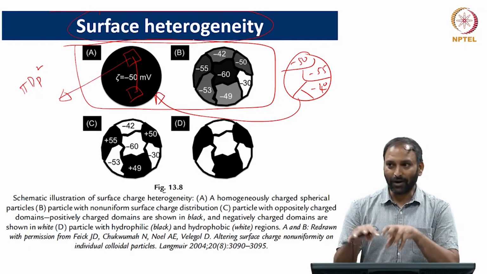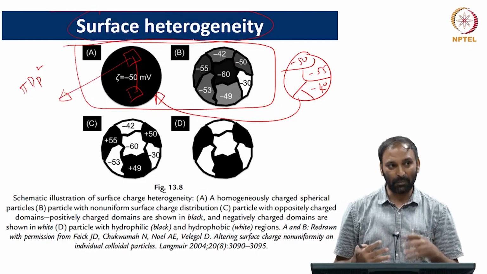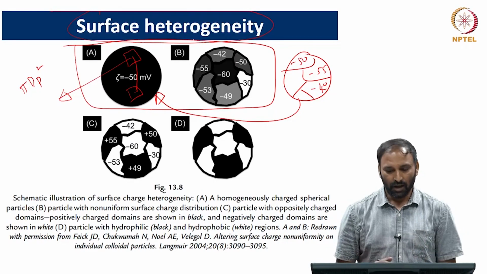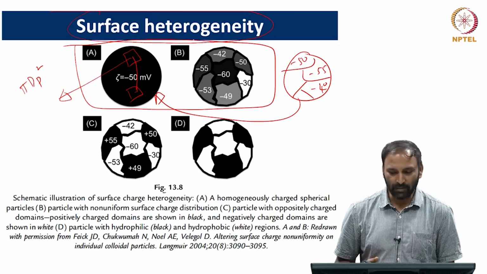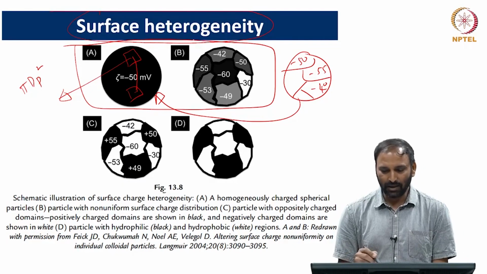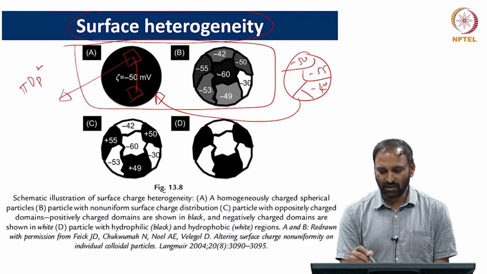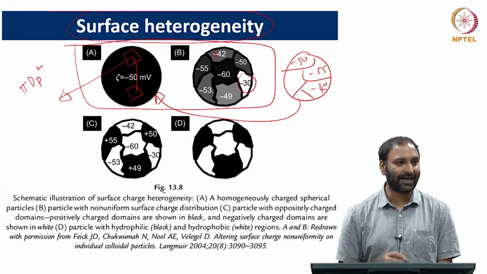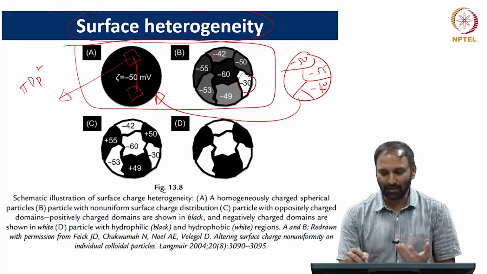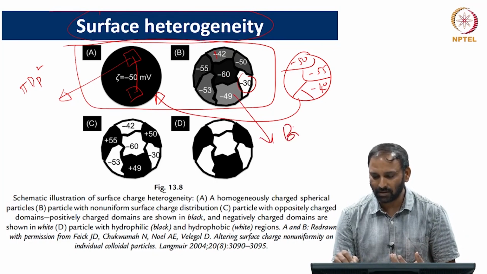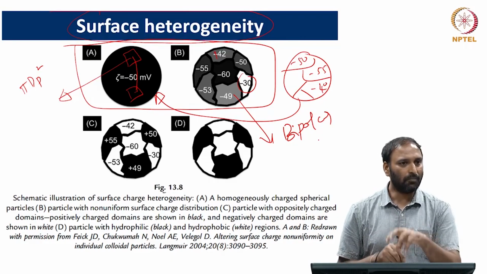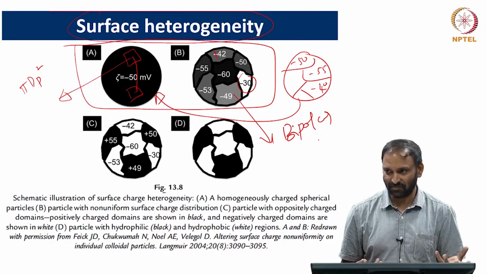That means there are pockets on the particle surface where the zeta potential is not the same. Or you could have designed experiments where some regions of the particle are positively charged, with positive zeta potential, and some regions negative. That is an example of what are called bipolar particles, which have both positive and negative charges on the particle surface.